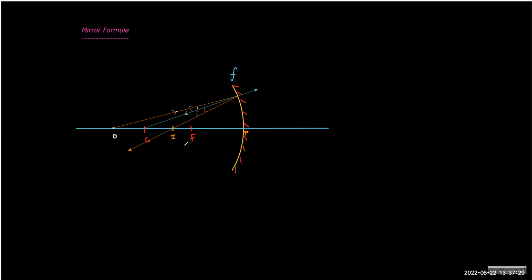So how do we begin solving the question here? We assume some angles. Let's say this is alpha, this is beta, and this is delta. You can take gamma also, but I take delta and delta.